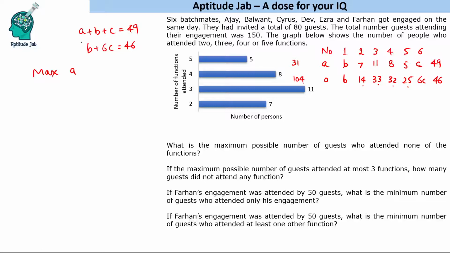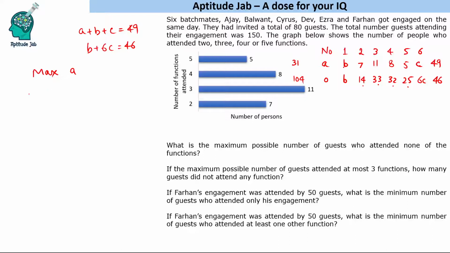If we have to find the maximum value of A, see, if we put a high value of C, we will get a high value for A. If we put ABC, we have to have a total of 49.